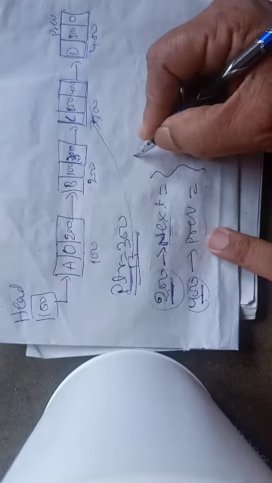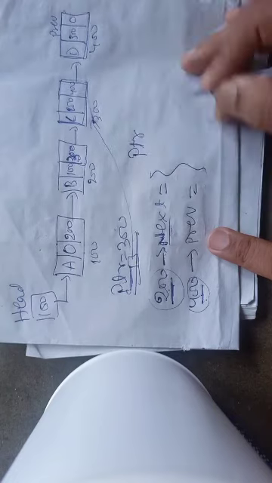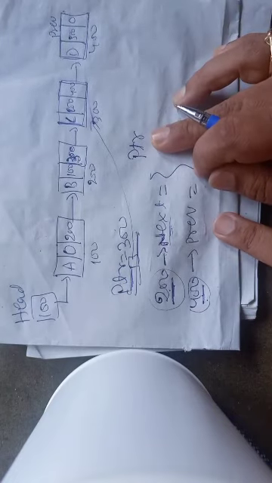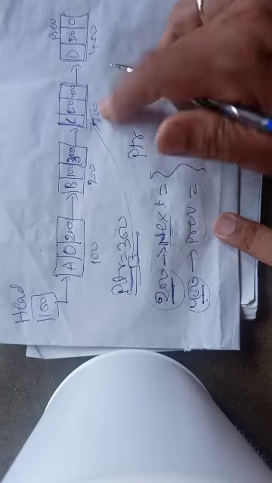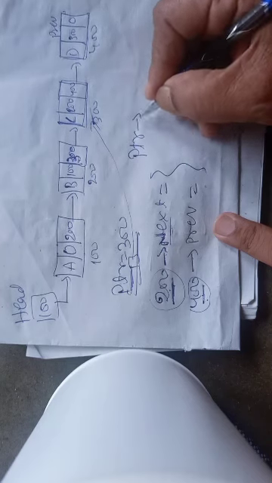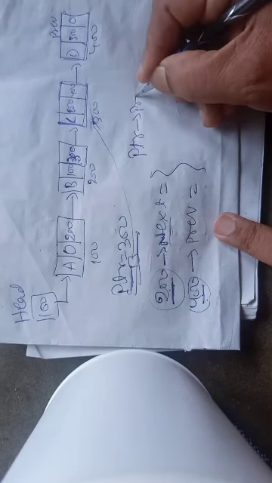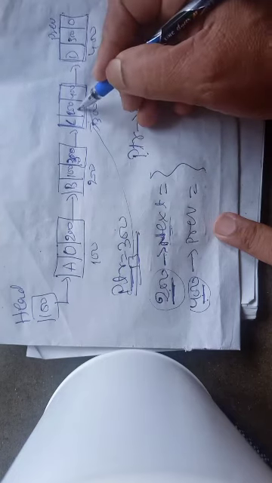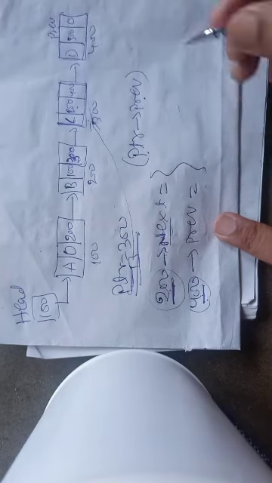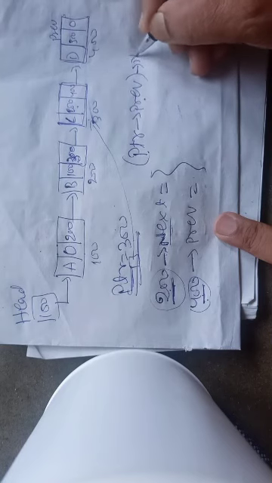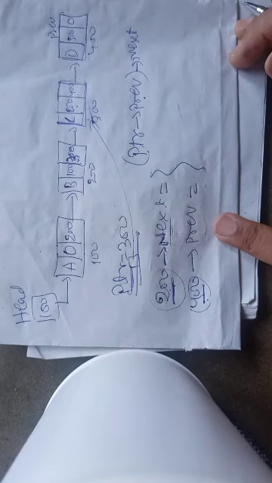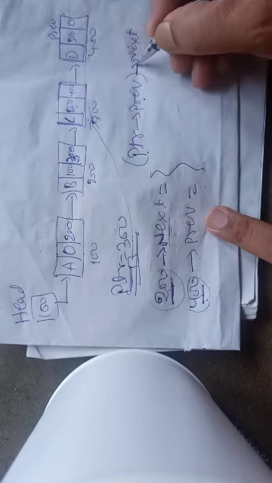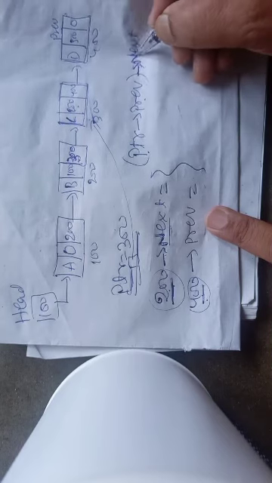I have to write ptr, which means 300. Its previous field, ptr of previous. What is ptr of previous? 200. So I got 200. Then its next field: ptr of previous, and then from previous I will move to next.